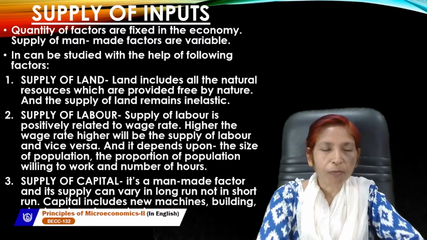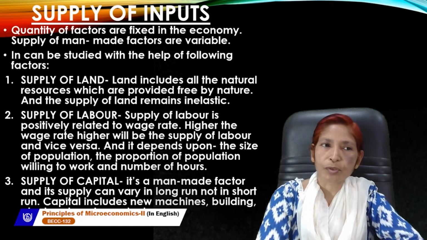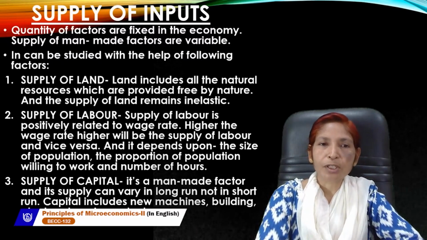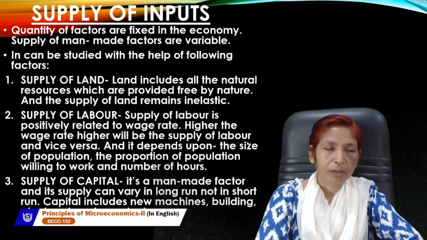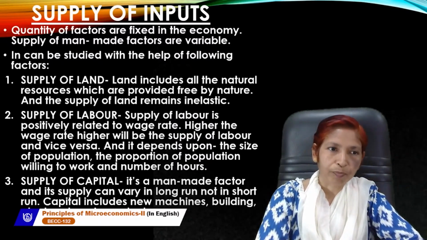So, supply of inputs. What is the meaning of supply of inputs? The quantity of factors of production is mainly fixed in the economy, because supply of factors is not perfectly elastic or unlimited. Supply of inputs is always in a fixed or limited quantity.